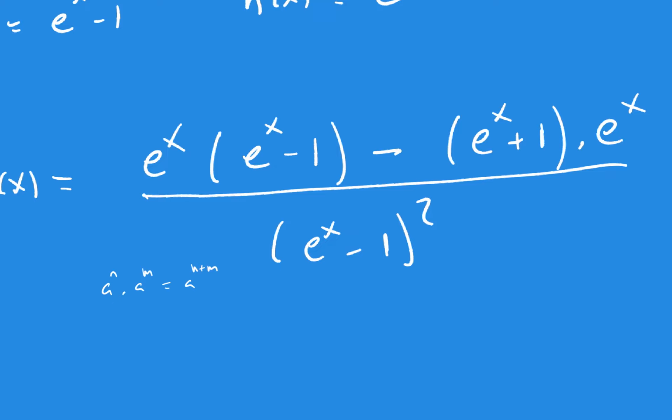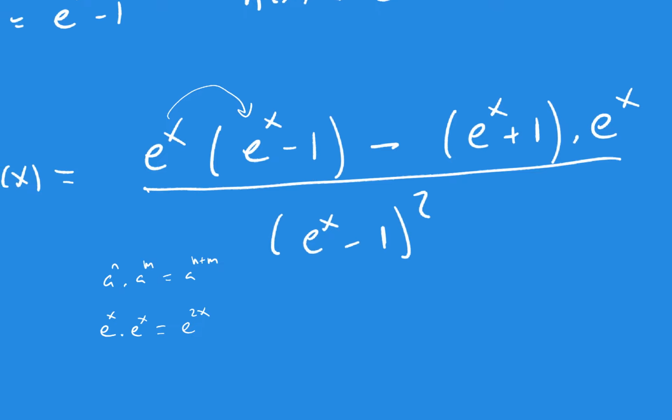In this case, the a is the e, the 2.71, and the n is the x. Multiplied by e, the a is e, and the n is x. So e to the x multiplied by e to the x is e to the 2x.